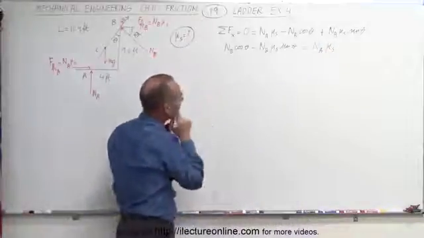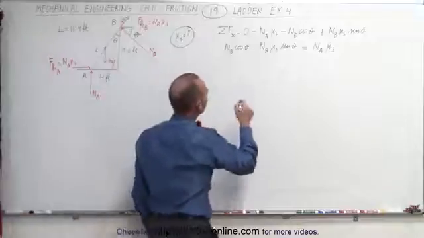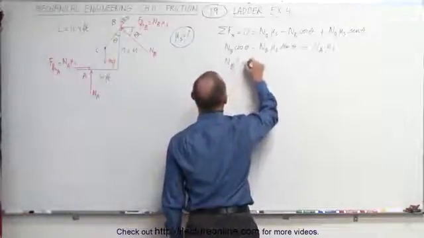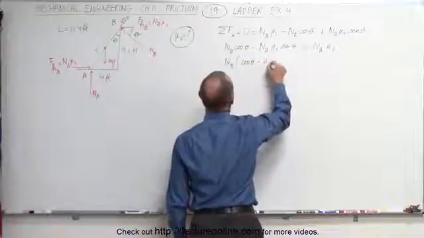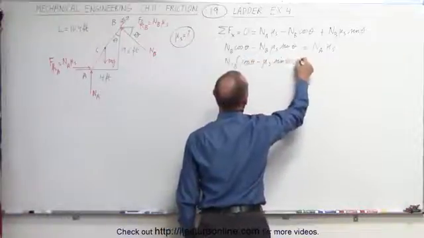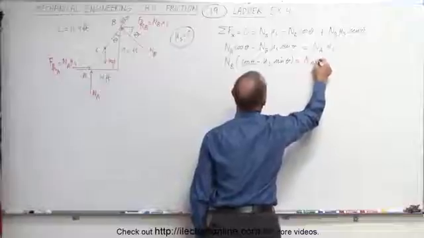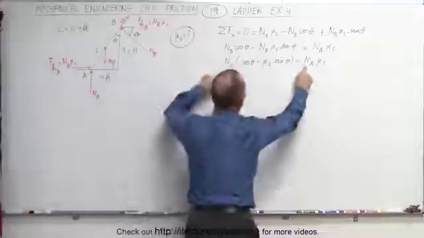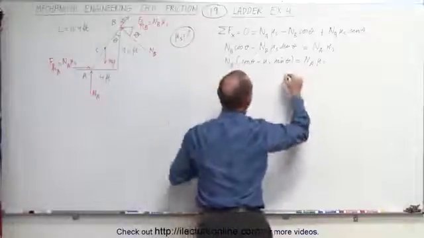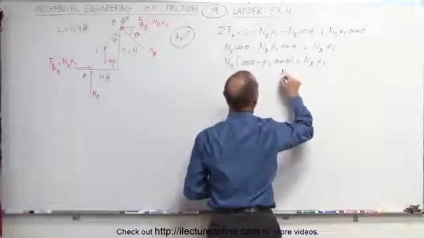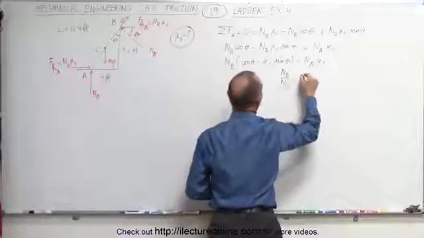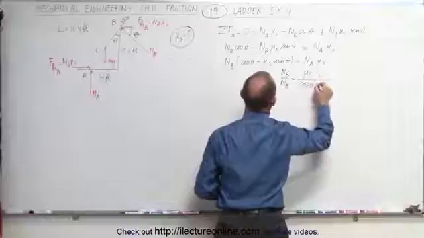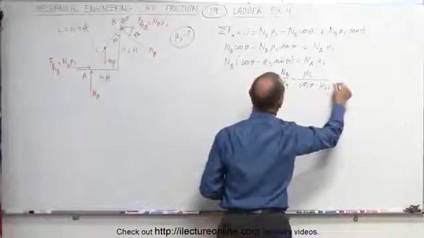And then if I factor out an n sub b, I can do this. So n sub b times cosine of theta minus mu sub s sine of theta is equal to n sub a times mu sub s. And then if I move n sub a to the left side here and move this to the right side, I can now write that n sub b divided by n sub a is equal to mu sub s divided by the cosine of theta minus mu sub s times the sine of theta.